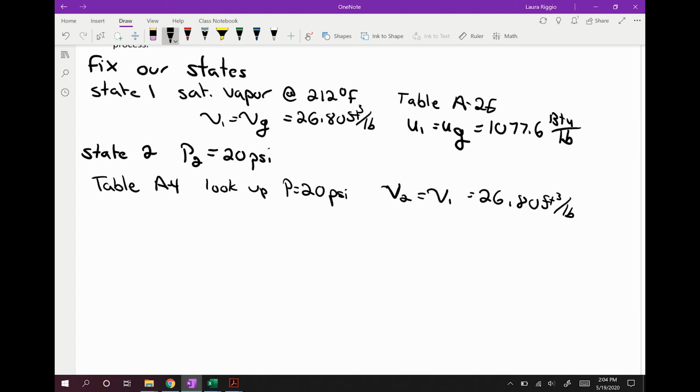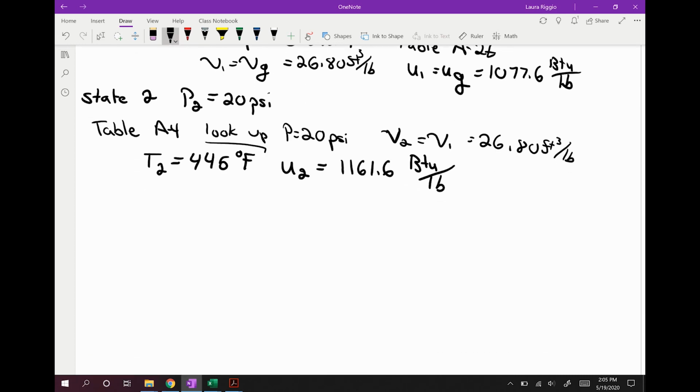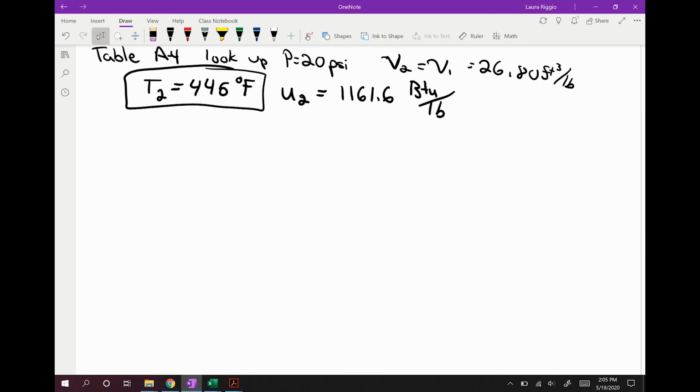So I'm going to go to table A4, look up a pressure of 20 psi, and look for a specific volume of 26.8. If I interpolate, I get T2 is equal to 445 degrees Fahrenheit. And my specific internal energy at state 2 is 1,161.6 BTUs per pound. So we've achieved our first goal. We've determined our temperature by reading it from our tables based on our specific volume.